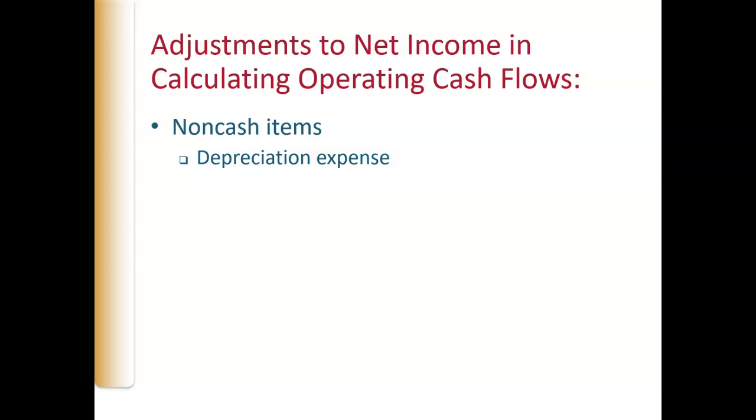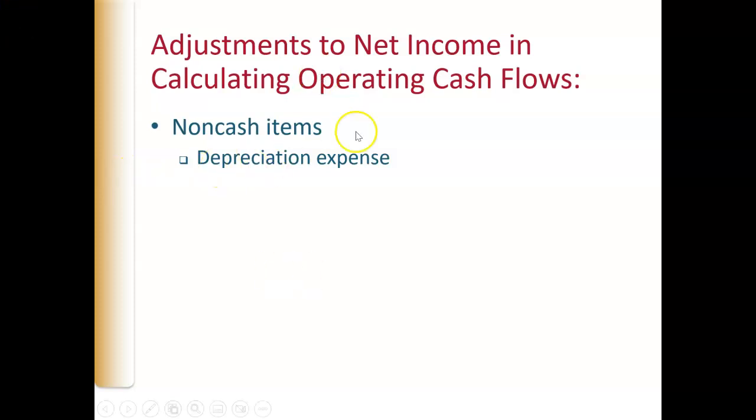Or in the case of depreciation, we purchase this piece of equipment, but we allocate a portion of this asset over the years of its useful life. So we, in fact, have an expense called depreciation expense that lowers our net income, but we really didn't use cash to show that, so we need to add that back.